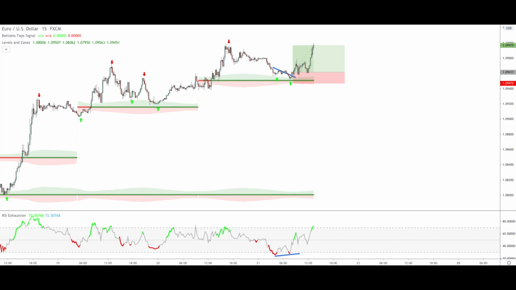So you are not allowing yourself and your trading account to accumulate money, and this is something that many beginner traders do.